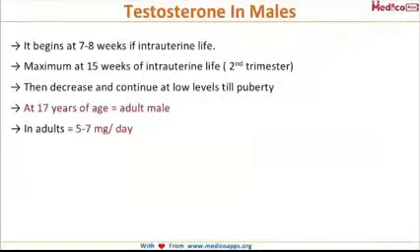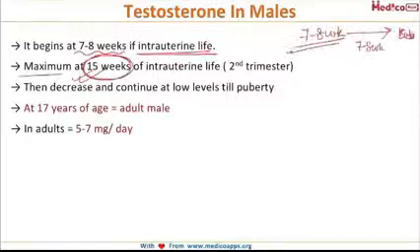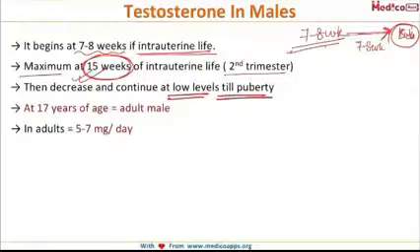Testosterone secretion starts at 7 to 8 weeks of intrauterine life. It continues to increase for another 7 to 8 weeks, and so it is maximum at 15 weeks, that is in the second trimester. Then it decreases and continues at low levels till puberty, that is till the onset of spermatogenesis.